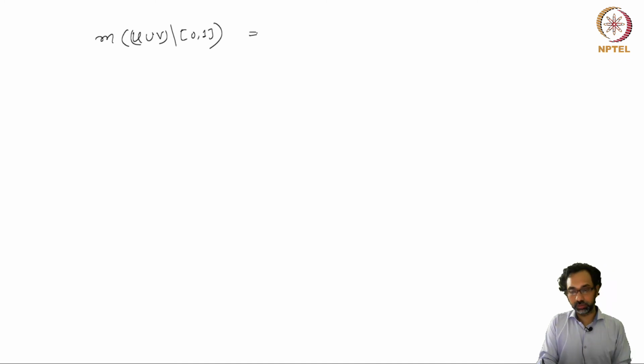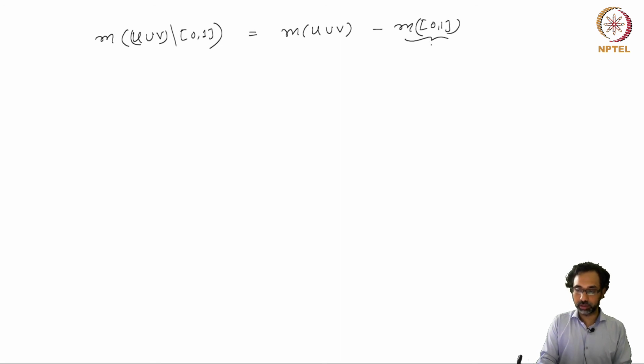In turn, this means that the measure of U union V minus this interval [0,1] is equal to the measure of the union of U and V minus the measure of [0,1]. This is of course 1, and this was bounded above by 1 plus epsilon minus 1. So this is again bounded above by epsilon.